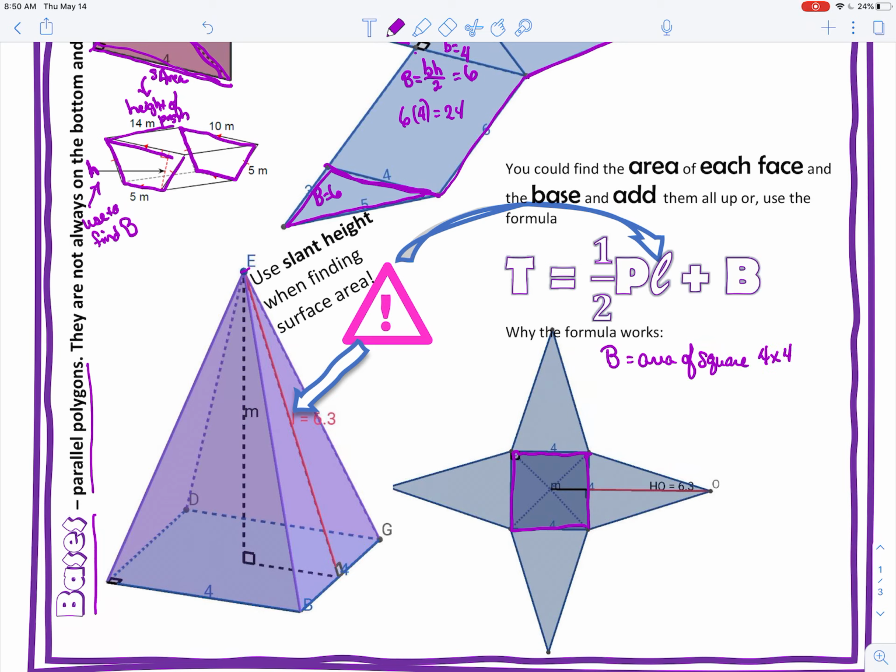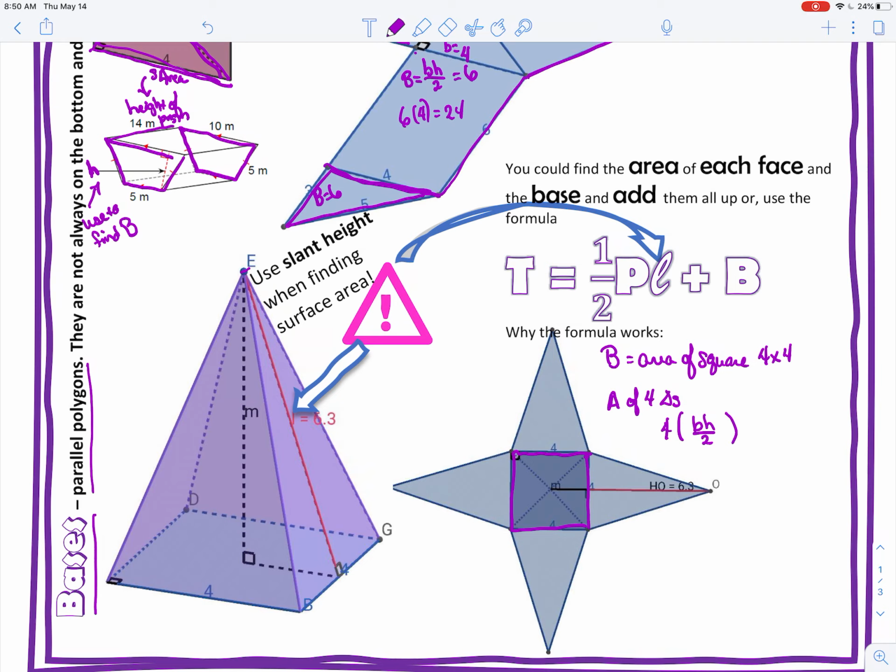We would have to find that if we used the net or if we didn't. But we also have to find the area of 4 triangles. So we're going to take 4 times the area of 1 triangle. Well, the area of a triangle is base times height divided by 2, or 1/2 the base times the height.